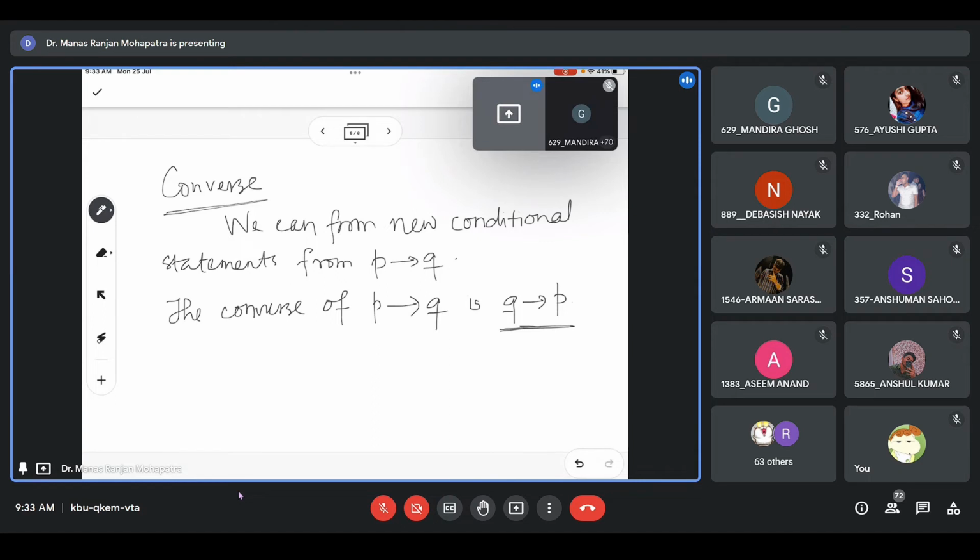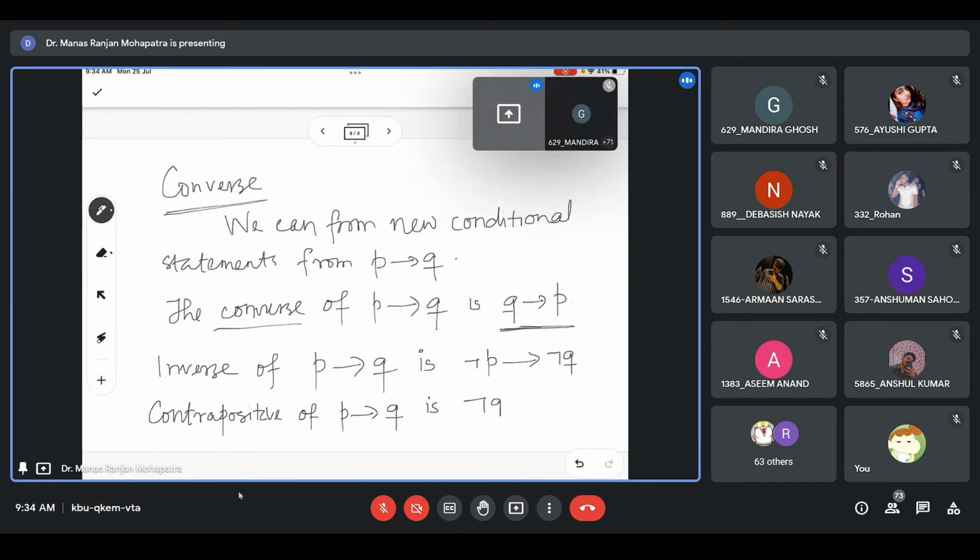Now the inverse of P implies Q is negation P implies negation Q, and the contrapositive of P implies Q is negation Q implies negation P. These are the three new conditional statements that can be constructed from the existing P implies Q: the converse, inverse, and contrapositive.